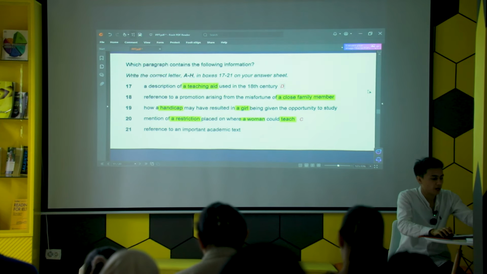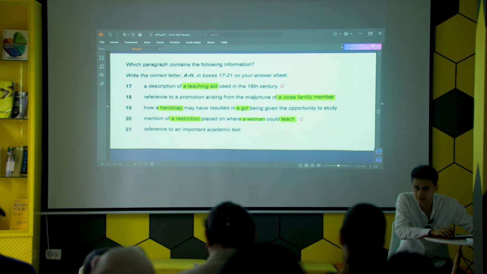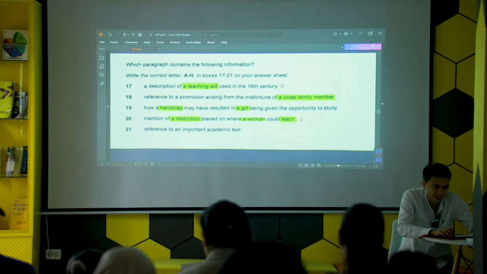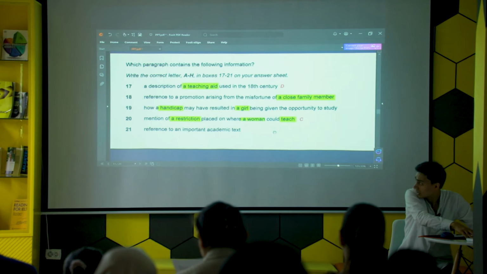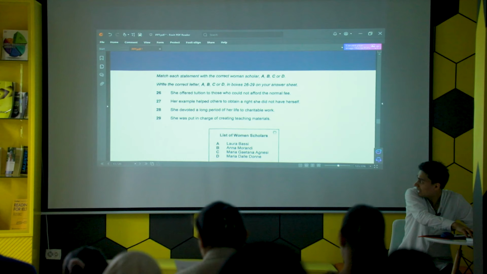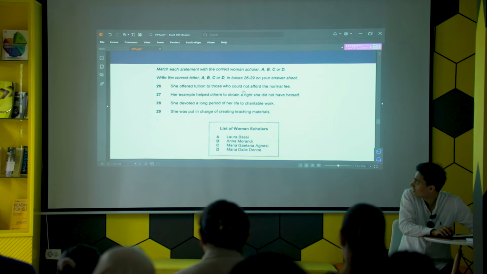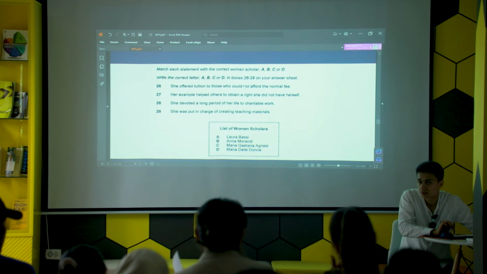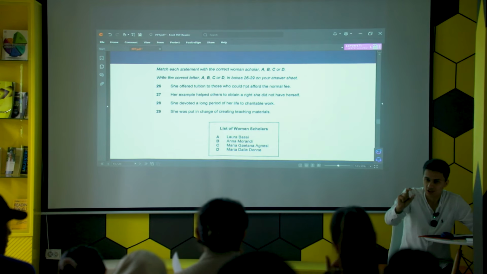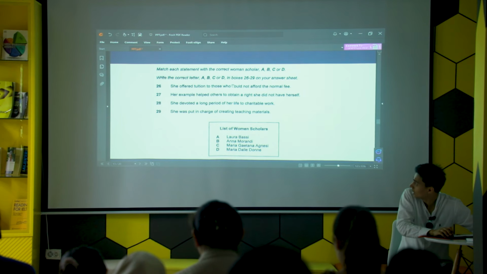That's it. But in this paragraph there is no close family member, no misfortune. No. A girl. No. Important academic text. No. Yeah, exactly. Exactly one paragraph. And what else is there? Anna Morandi. Is it true that this part should appear in one paragraph? Or two letters can match one and they write NB if that's the case. Okay? They will trip you up. Okay? Yeah. Let's read this.